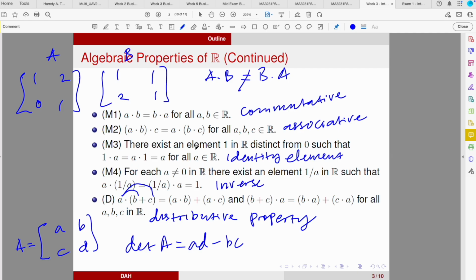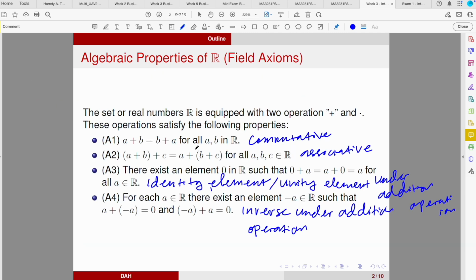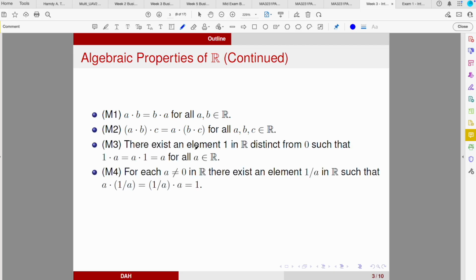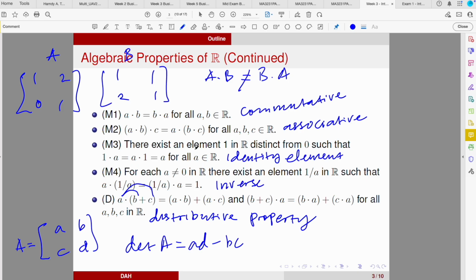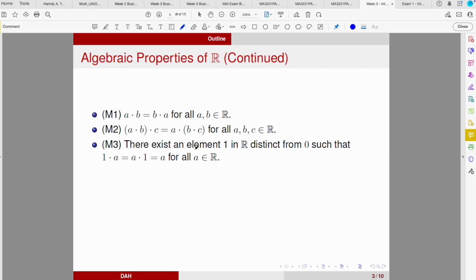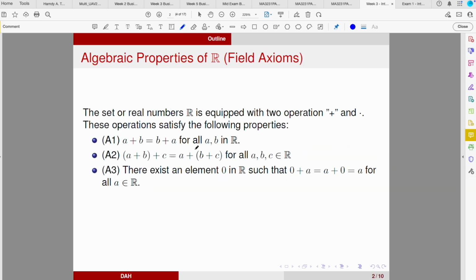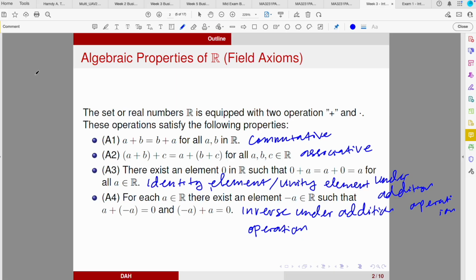Okay, so how many axioms are there here? 4 axioms of addition, 4 axioms of multiplication, and 1 axiom of distribution. Total 9. And actually there are another 2, called closure.